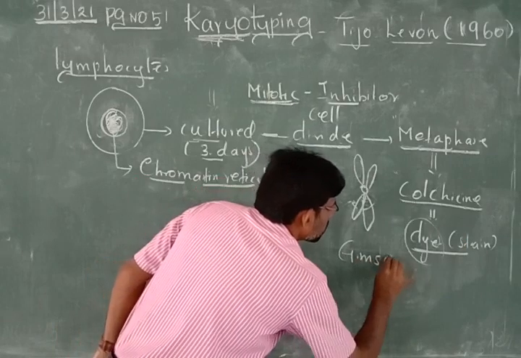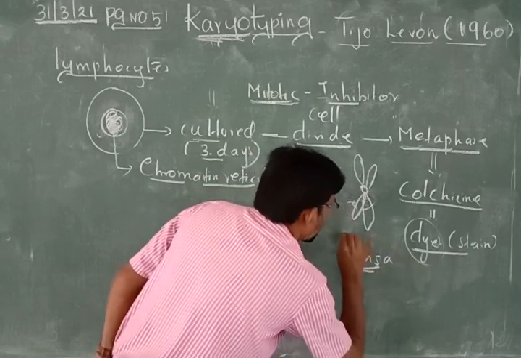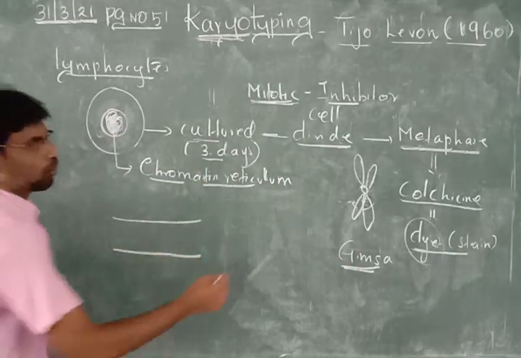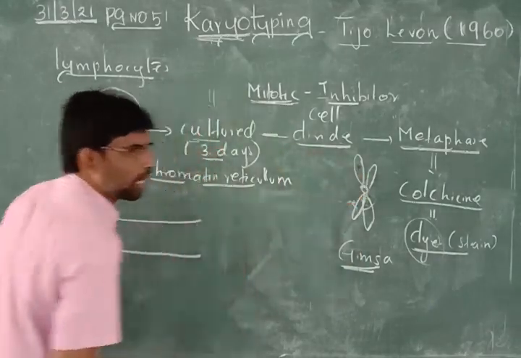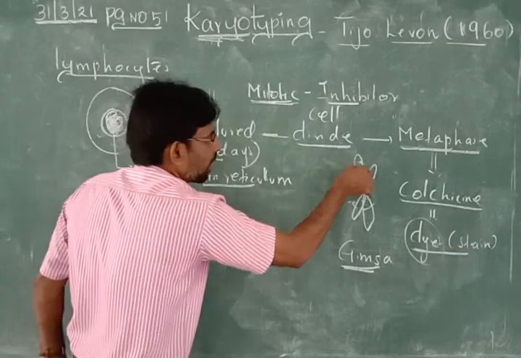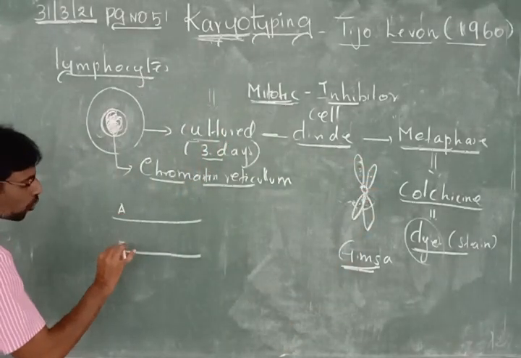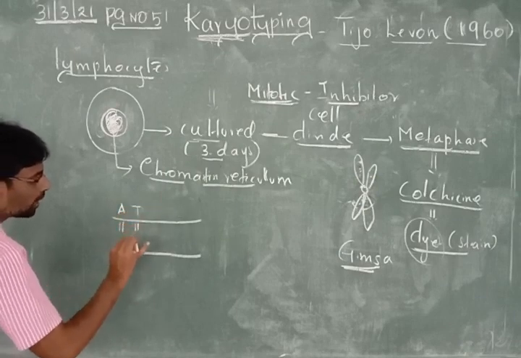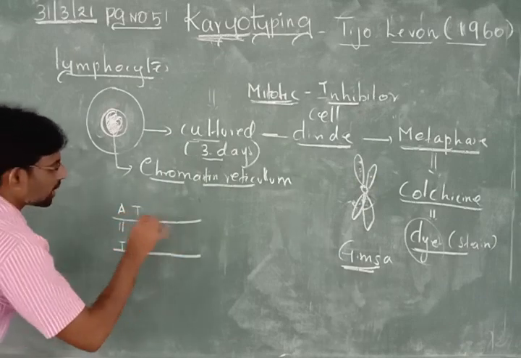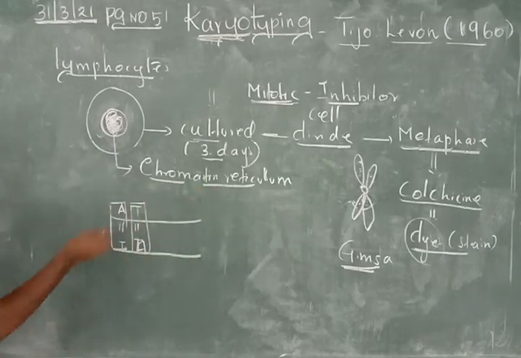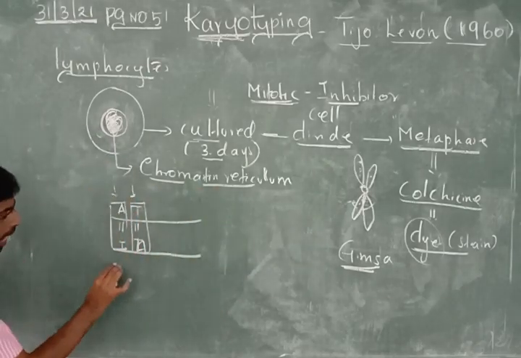The nature of this Giemsa dye is, in the DNA, inside this chromosome we have that DNA, everywhere we have these genes, everything. So wherever the AT rich region is there, this AT rich region will absorb this dye and produces a dark band.